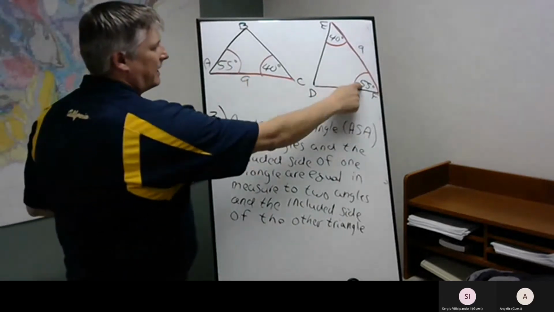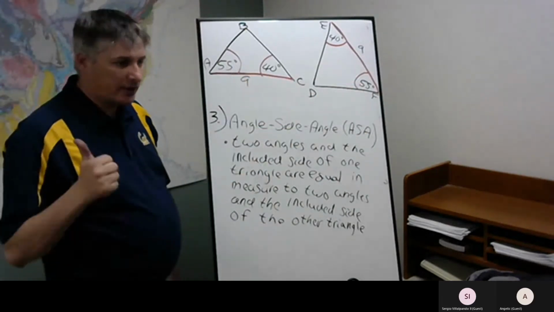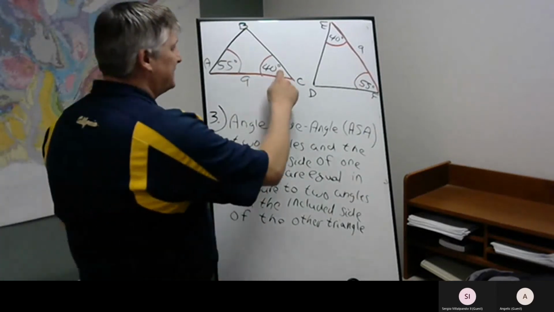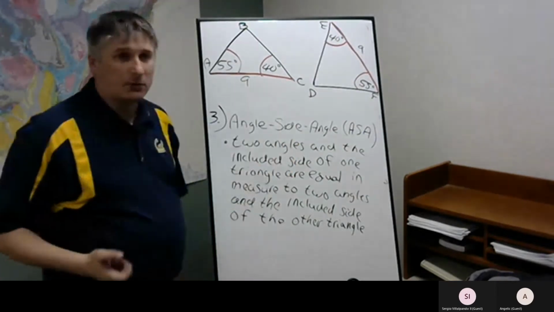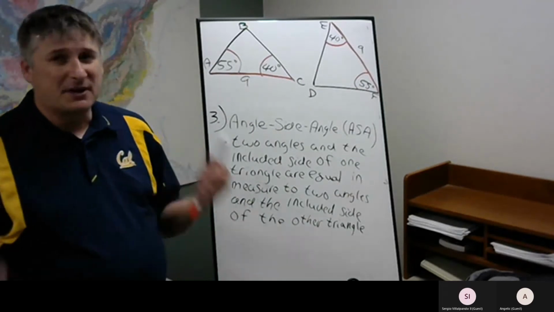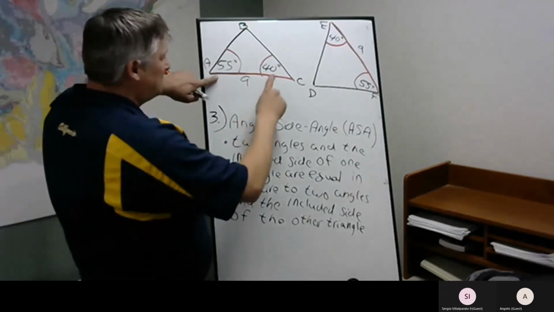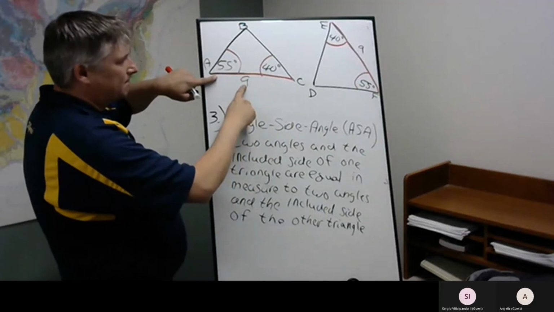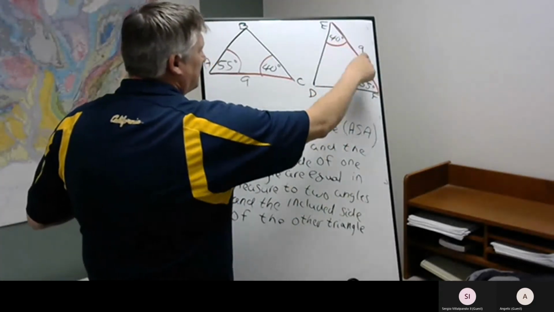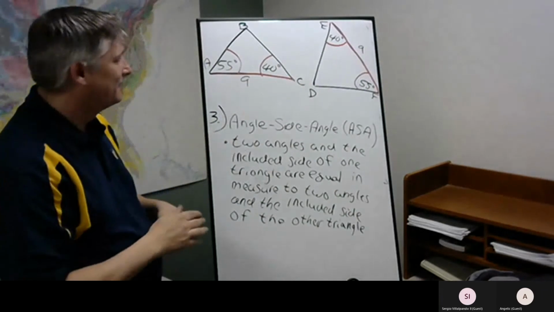So angle, angle, equal. Okay, we got a pair of angles equal. So far, so good. This angle and this angle are equal, so another pair of angles are equal. Now the side between them. The side between these two angles is 9. The side between these two angles is also 9.